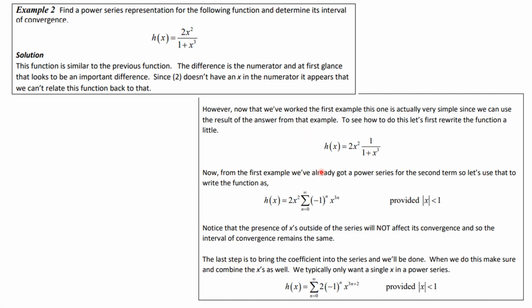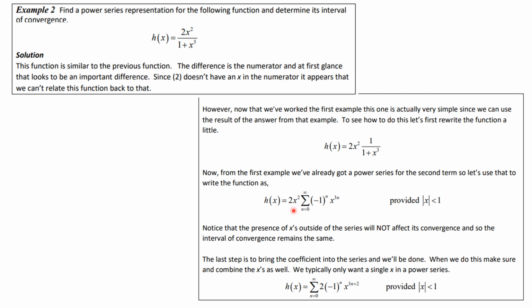So what we're going to do is write h of x as 2x squared times 1 over 1 plus x cubed. But we know that 1 over 1 plus x cubed can be written this way. So we have a 2x squared on the outside, provided the absolute value of x is less than 1. That's the interval of convergence for this.